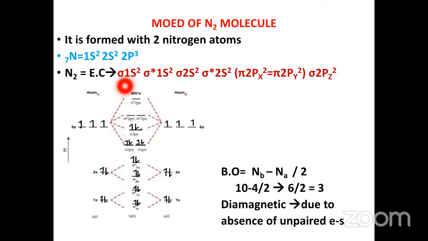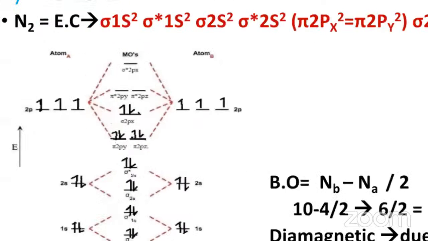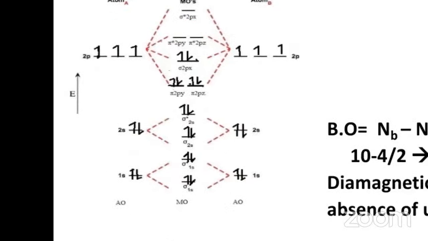First of all, write sigma 1s2 and sigma star 1s2, sigma 2s2, and next electrons enter sigma star 2s. Next goes pi 2px2 and pi 2py2. Then the next electrons enter the sigma 2pz orbital. This is the MOED of N2 molecule.